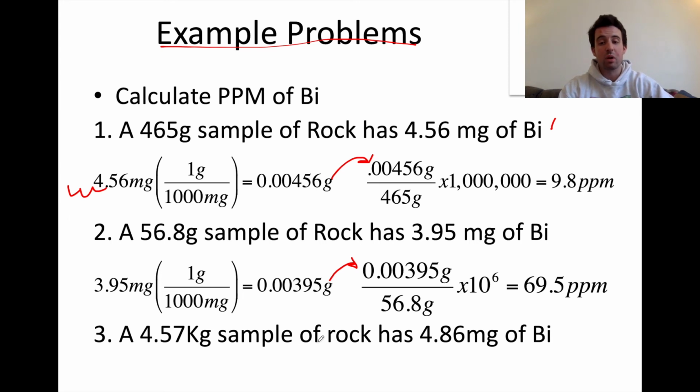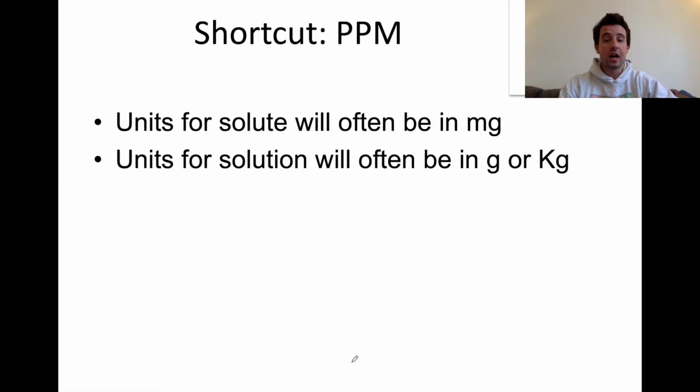Now for this last problem, I want to show you a little trick. You ready? This is the coolest thing I ever teach when it comes to parts per million. I was so hyped to teach this today. All right, here we go. So it turns out, this is kind of a shortcut here, that the units for solute will often be in milligrams, and the units for solution will either be in grams or even more often kilograms.